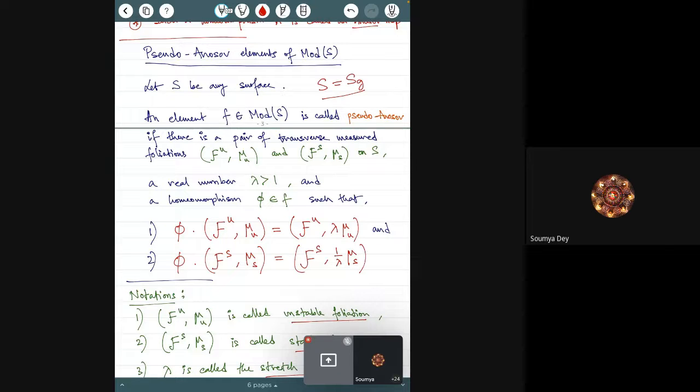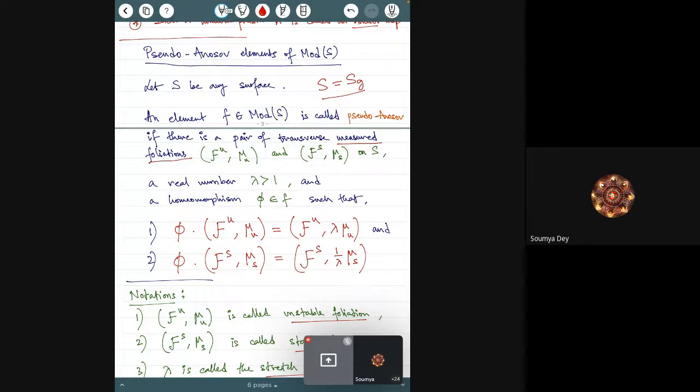I'll not be defining what these terms are, but we have seen what a foliation on R2 and the torus is, right? In the case of a general or higher genus surface, there is something called singular foliations.